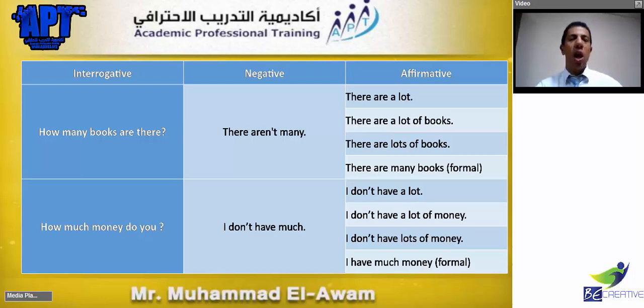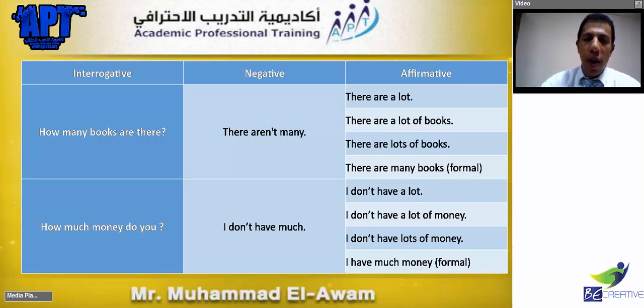Now, with the non-countable, also with the question and with the negative, we use much. How much money do you have? I don't have much money. Much only with the non-countable, with the uncountable only. How much money do you have? I don't have much money.